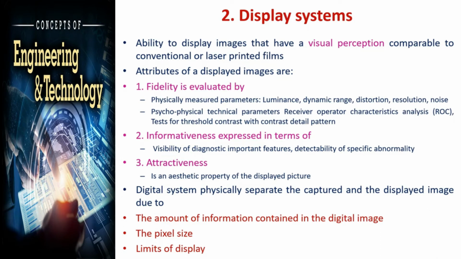It should give detailed information to get those features, which will lead to the diagnosis of the important features. So we'll find what the abnormality is, for detectability of the specific abnormality. All this has to be taken from the particular image.